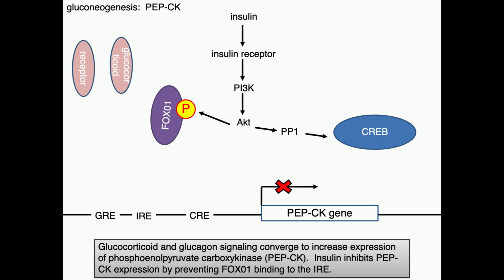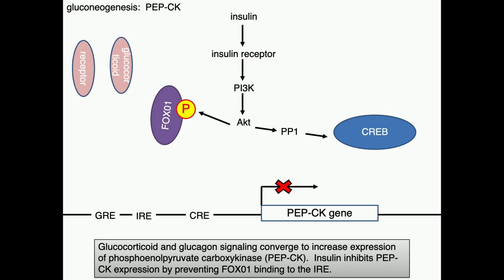The AKT / protein kinase B is also going to be phosphorylating the FOXO1 transcription factor. That keeps the FOXO1 out of the nucleus, and you don't get transactivation from these insulin response elements. Okay, so insulin is acting as a negative regulator transcriptionally, and cortisol and glucagon are acting as positive regulators.